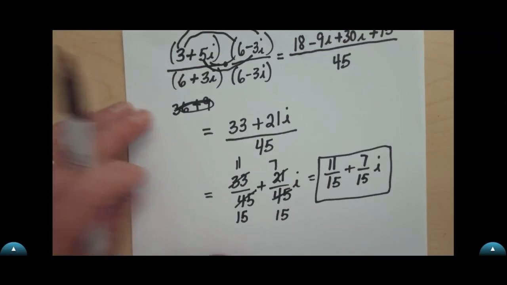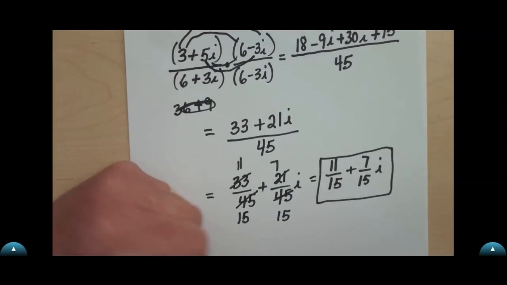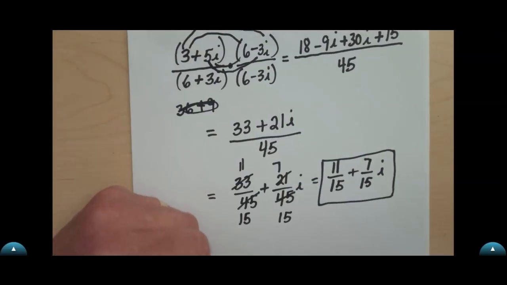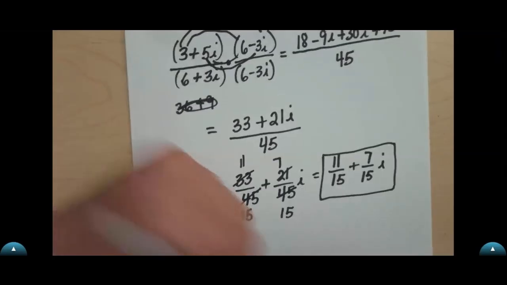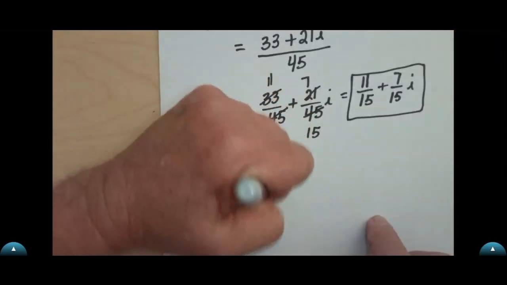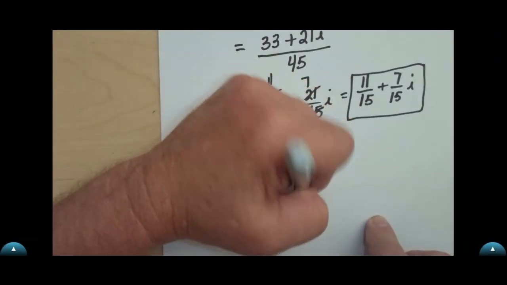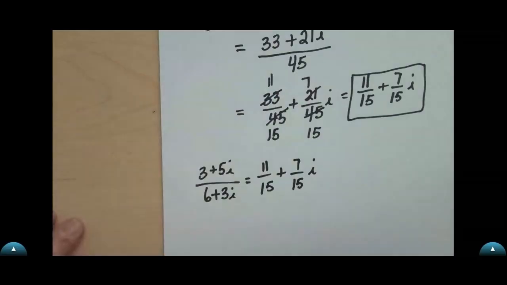Remember, anytime you do a division problem, and we're claiming that we just divided 3 plus 5i by 6 plus 3i, and I'm claiming that when we did that division problem, we got 11 over 15 plus 7 over 15i as our answer.